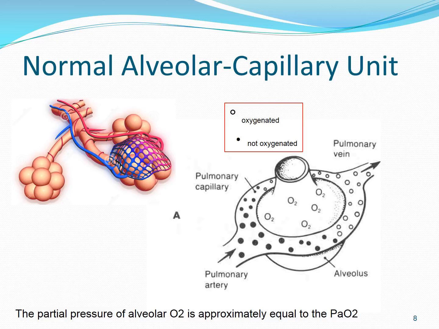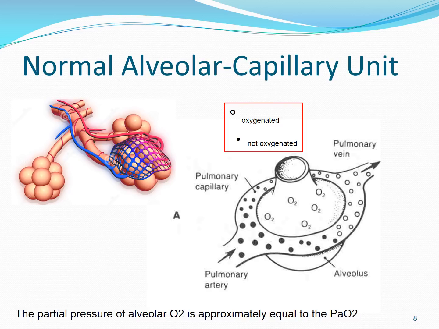Now, if you can see here, I've got my pulmonary artery, and I have unoxygenated blood traveling to that alveolus. It's going to exchange CO2, get rid of CO2, and take in oxygen. So again, you can see how if there's a problem with the capillary or a problem with the alveolus, we may have an oxygenation issue.